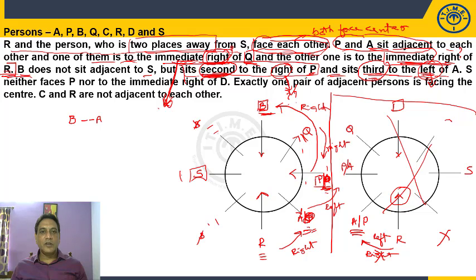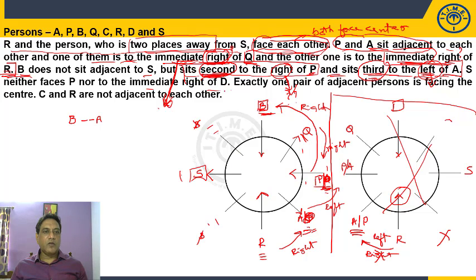Because without using left and right, we have already fixed the positions. So left and right are only helping us find the direction here. Now we have used the information till here. Now, S neither faces P nor is to the immediate right of D. So S neither faces P implies that S should be facing away from the center.